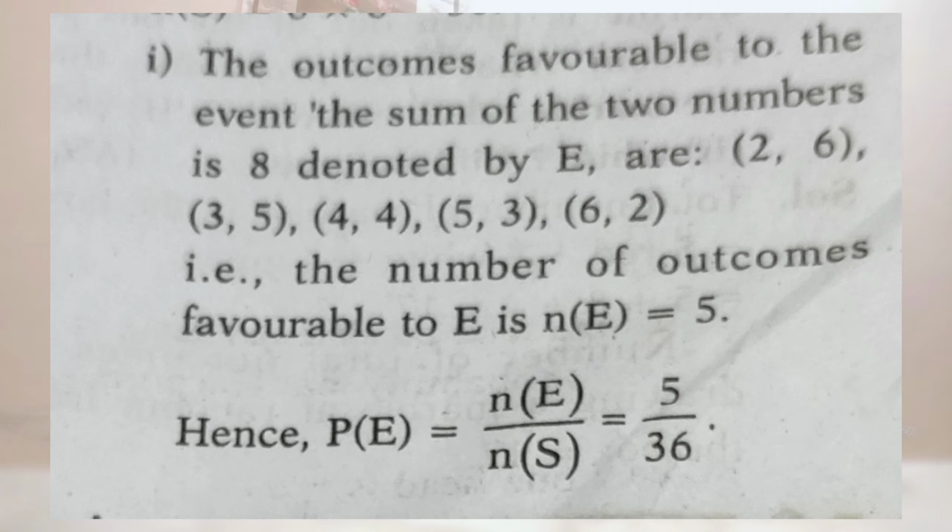Because 1,7 is not possible, because the highest number on a dice is 6. As we all know, a dice has 6 faces, that's why it has the numbers 1 to 6, with maximum number 6 and minimum number 1. Now by adding the digits, we have to get 8 while throwing the 2 dice. That is the first event. So like that we can do the sums very easily.